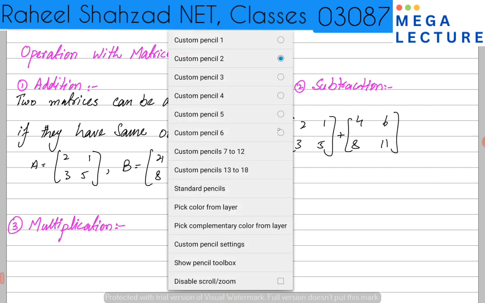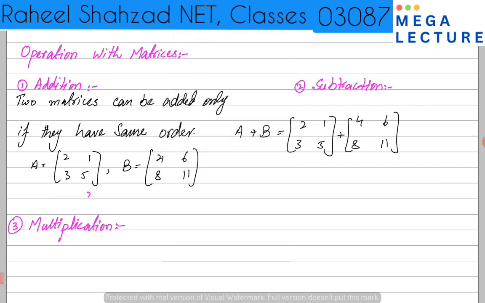You see in this question A is 2 cross 2 and B is also 2 cross 2, right? So the order of the two matrices is the same: 2 rows and 2 columns, 2 rows and 2 columns.